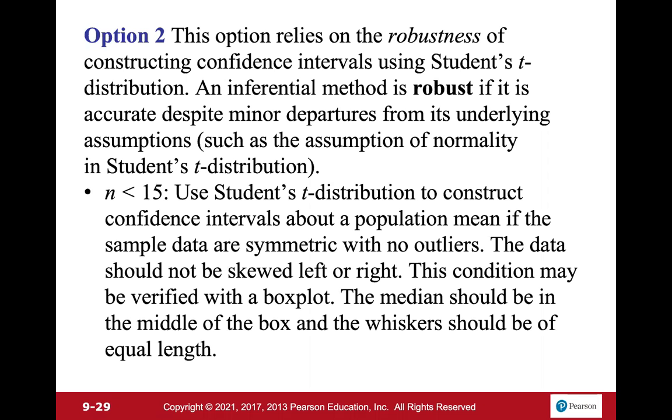For n less than 15, use the student's t-distribution to construct confidence intervals about the population mean if the sample data are symmetric with no outliers. The data should not be skewed left or right. This condition may be verified with a box plot. The median should be in the middle of the box and the whiskers should be of equal length.